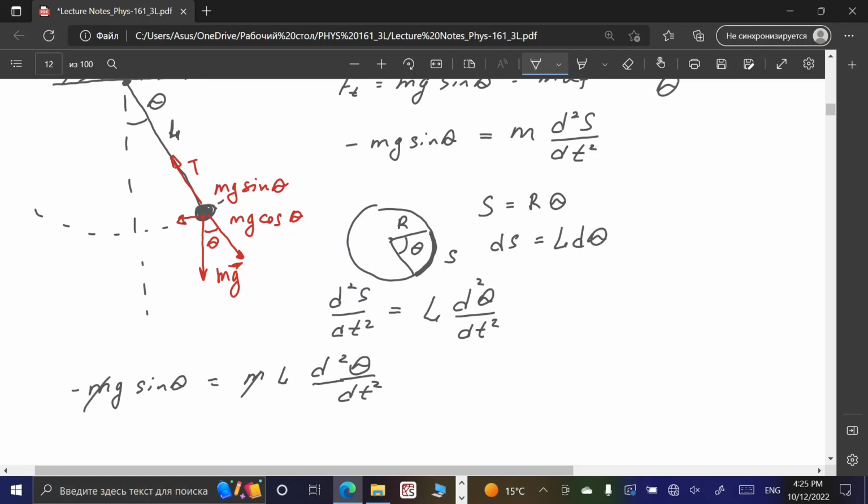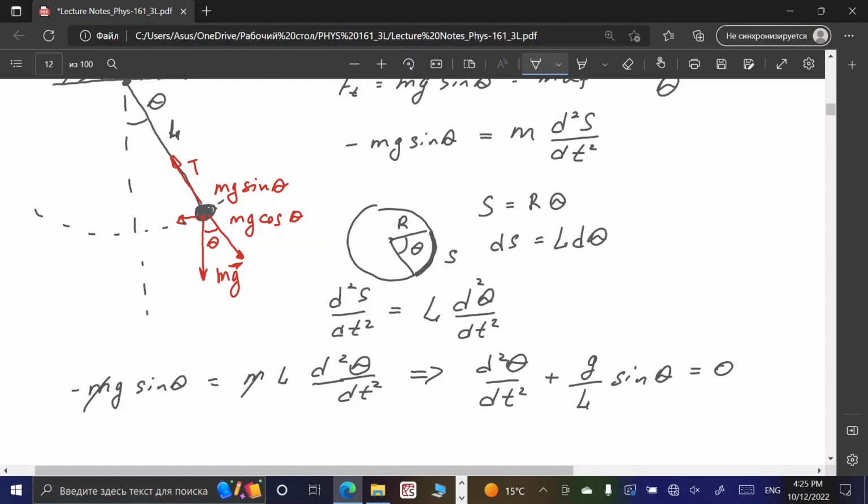We can rearrange it a little bit. So we will get d squared theta over dt squared plus g over L times sine theta, and that is equal to 0.